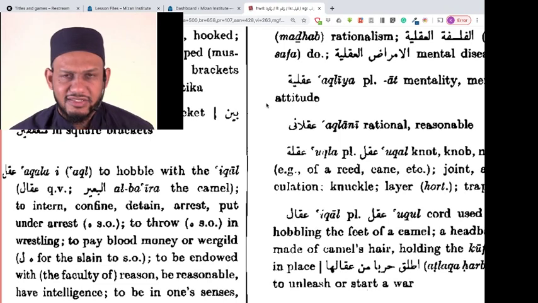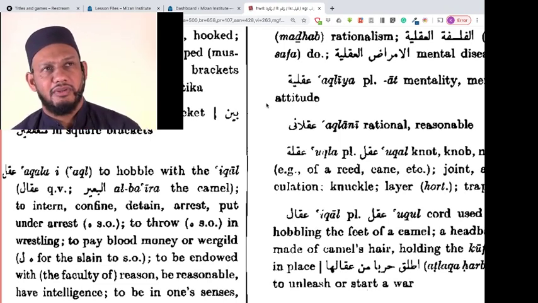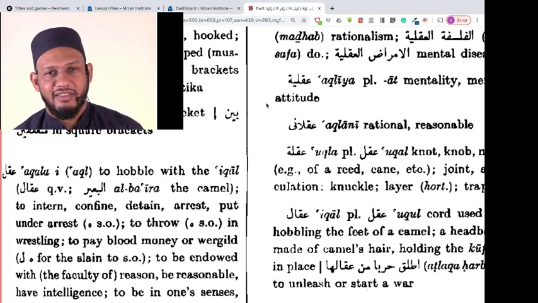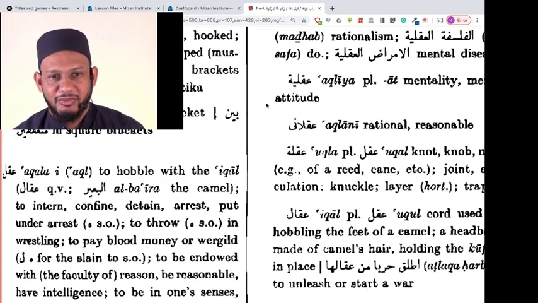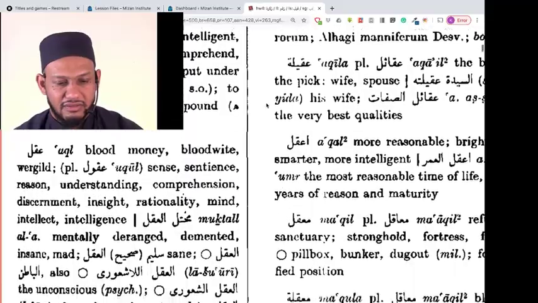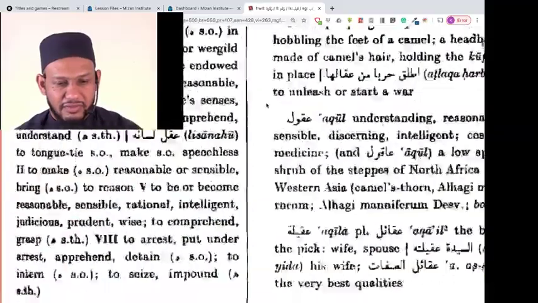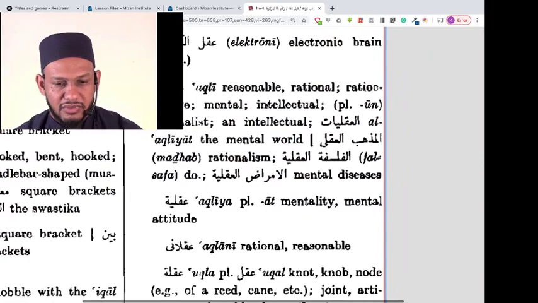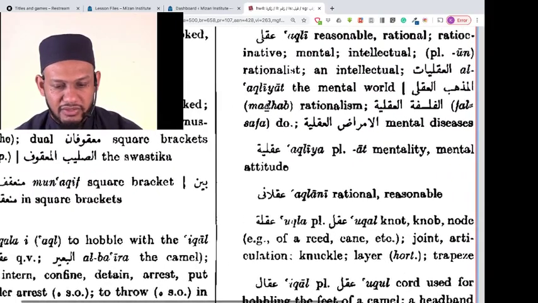Now it's strange, because we're talking about a camel whose legs are being tied and hobbled, and talking about intelligence. This is what I mean about Arabic, that there's depth in the meaning. And there are many other meanings, but let's go with that, inshallah.